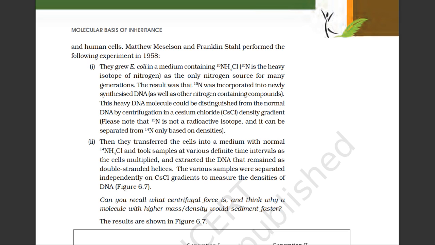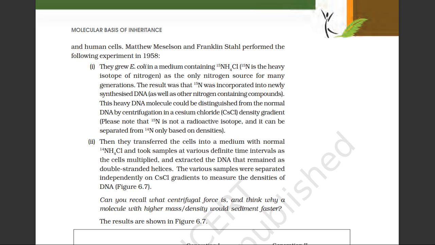Please note that 15N is not a radioactive isotope, and it can be separated from 14N only based on densities. 2. Then they transferred the cells into a medium with normal 14NH4Cl and took samples at various definite time intervals as the cells multiplied and extracted the DNA that remained as double-stranded helices.